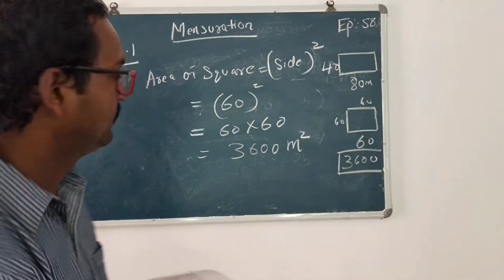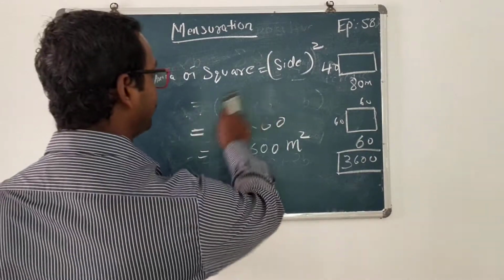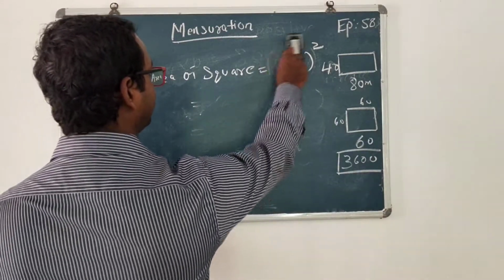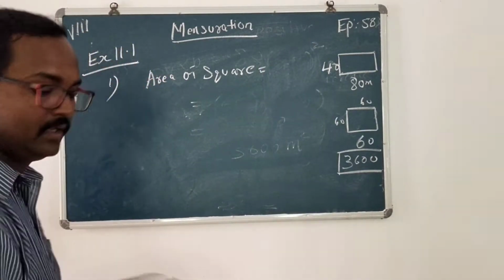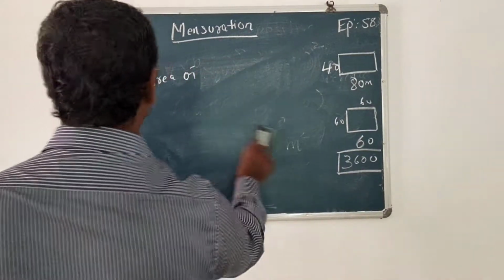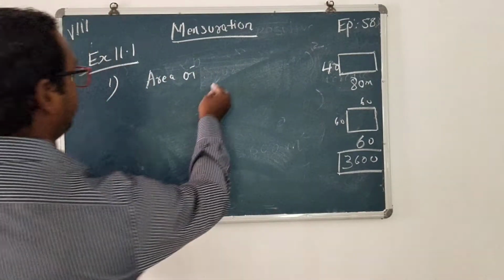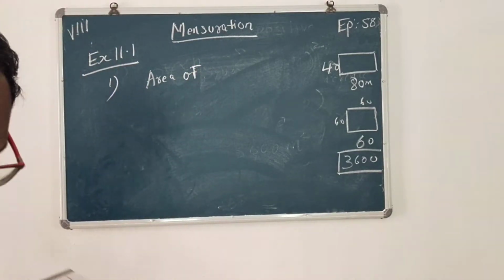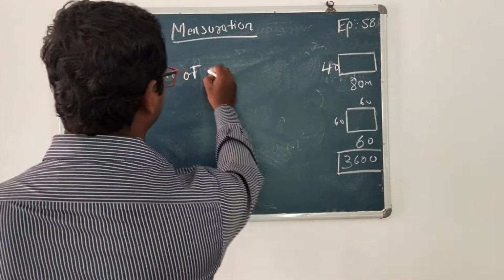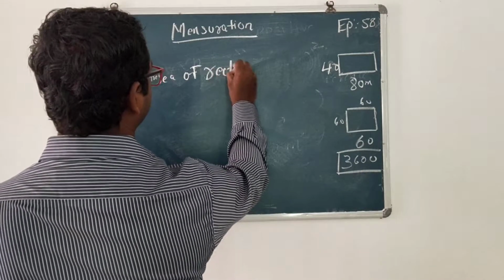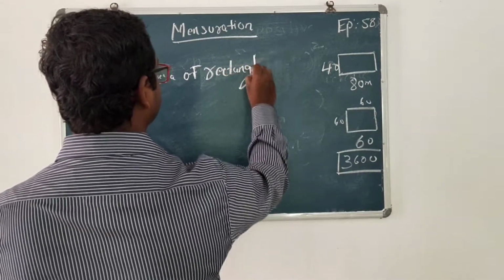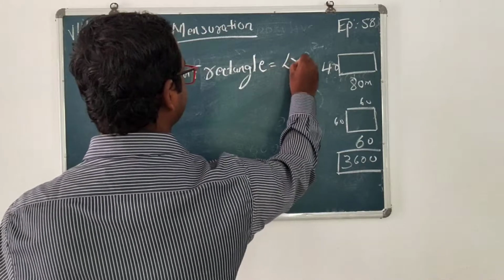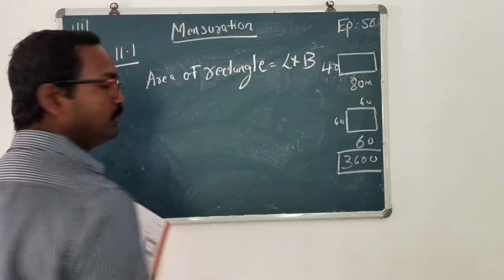Now let's find the area of rectangle. So the area of rectangle is length into breadth.